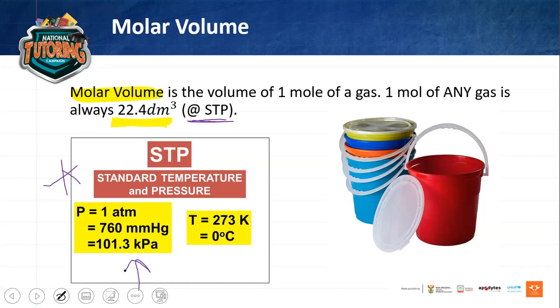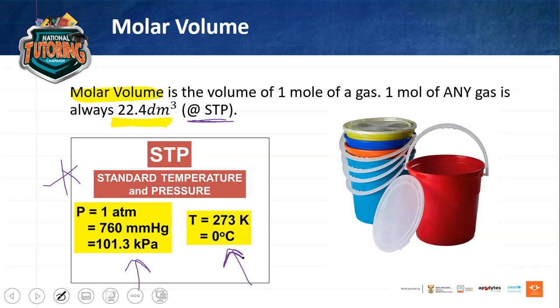And then temperature, standard temperature, it's not room temperature. Room temperature is 25 degrees. Standard temperature is 0 degrees Celsius. And another way to measure temperature is in Kelvin, 273 Kelvin. It's not degrees Kelvin, it's just Kelvin. And you'll learn more about Kelvin in grade 11. I wouldn't worry about Kelvin now. It's just another way that we measure temperature, especially in chemistry.